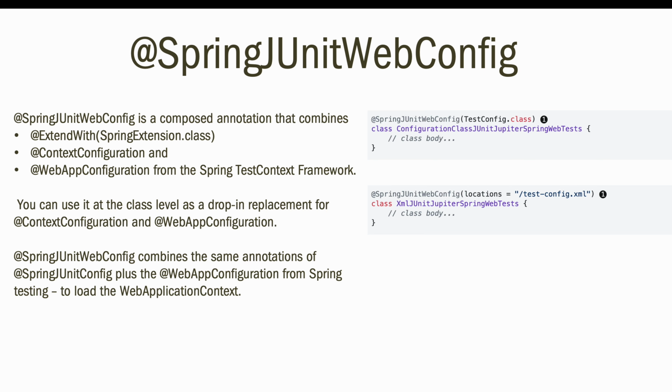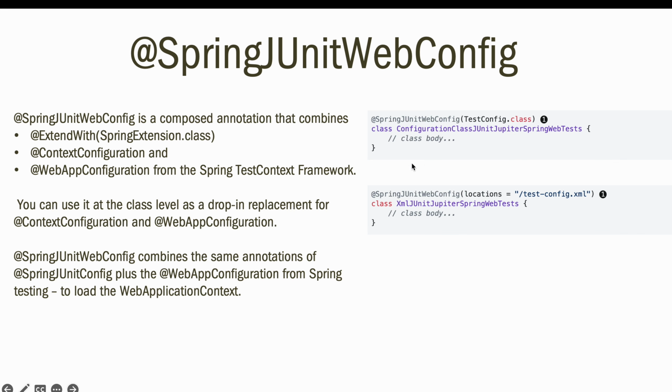You can use it at class level as a drop-in replacement for @ContextConfiguration and @WebAppConfiguration. As we can see, this annotation composes @ExtendWith(SpringExtension.class), @ContextConfiguration, as well as @WebAppConfiguration from the Spring TestContext Framework.